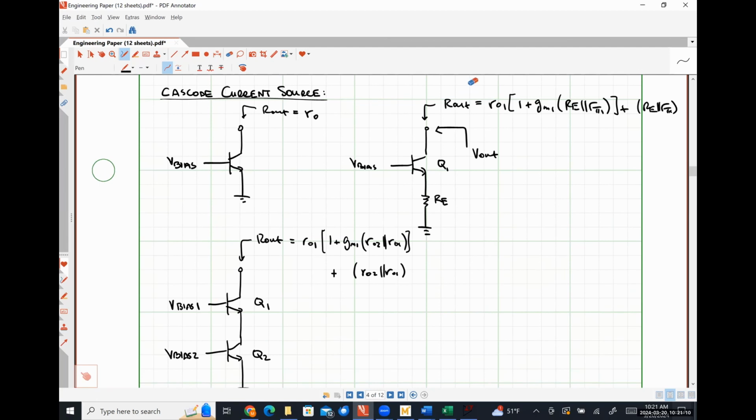The reason why I disagree is because r_o is usually going to be significantly larger than any resistor size we might choose to use for RE, because if we make RE too large, we're going to lose all of our headroom for any kind of amplification or anything that we're going to do by biasing with this, right? So if r_o2 is much larger than RE usually, then the output resistance of this cascode configuration is going to be significantly larger than degenerating with a fixed resistance.